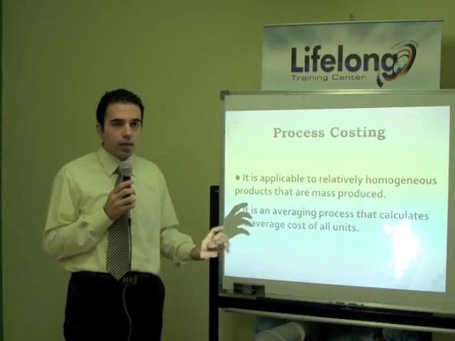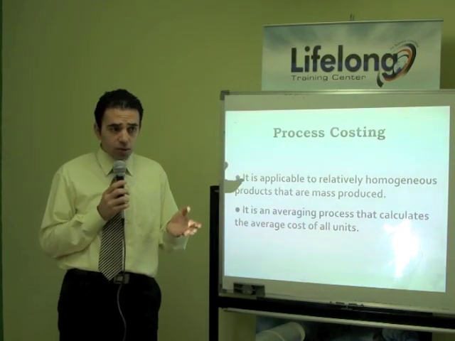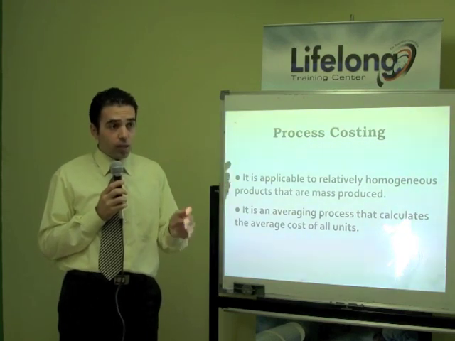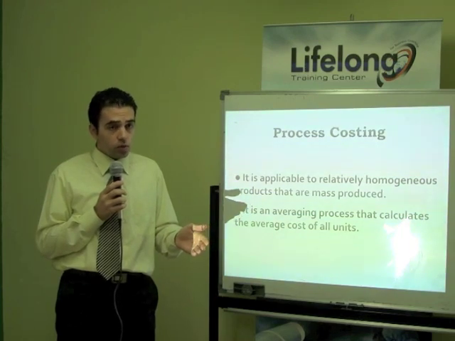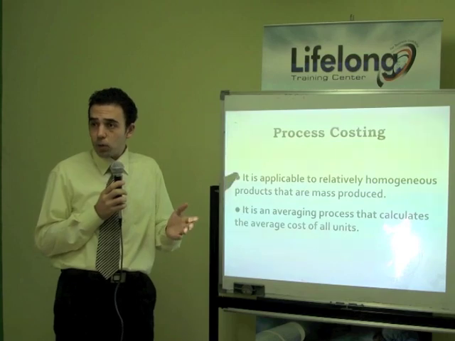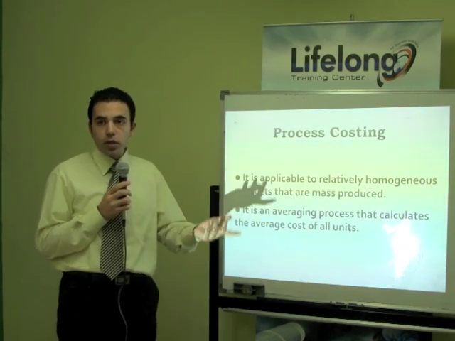So if you are creating 1 million iPhones and we figure out that the cost for direct materials, direct labor, and manufacturing overhead for 1 million iPhones is, for example, 10 million, then it's going to cost us $10 for each iPhone. Can you see? It's really easy for us to apply because we are using average costing for all the units.